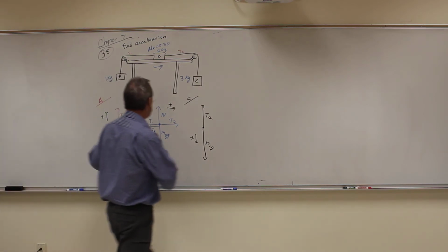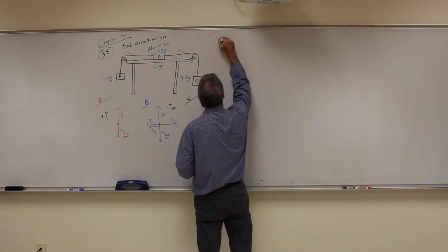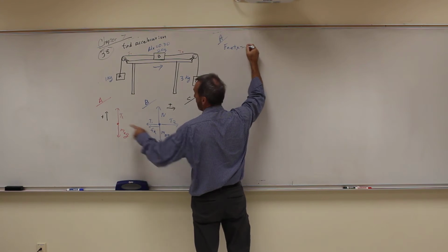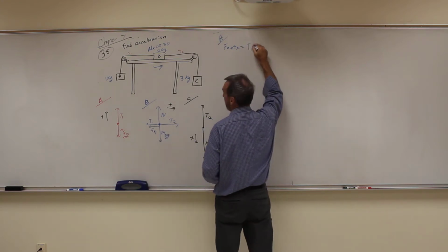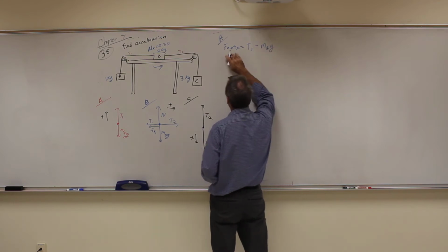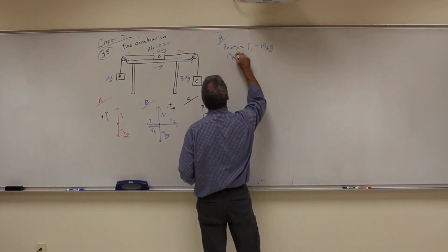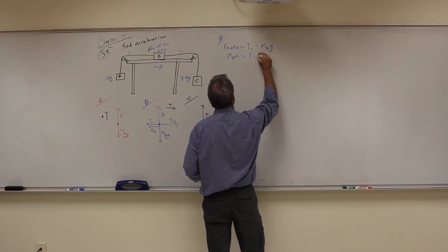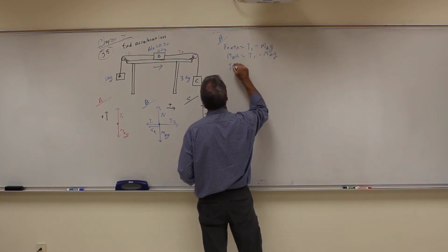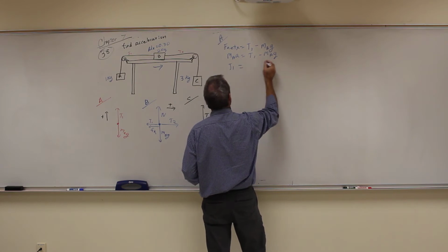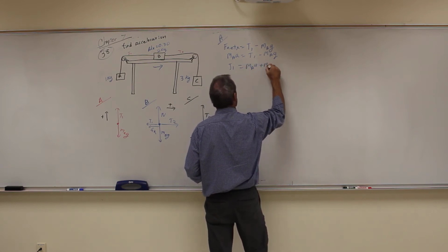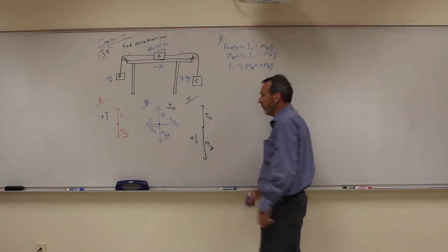Okay, so for block A, I'm going to do F net X, which is going to be positive, so it's going to be T1 minus MA times G. But the whole thing's accelerating, so we have to put this as MA times the acceleration is equal to T1 minus MA times G. I'm going to solve that for T1. I'm going to say T1 is equal to MA times its acceleration plus MA times G.